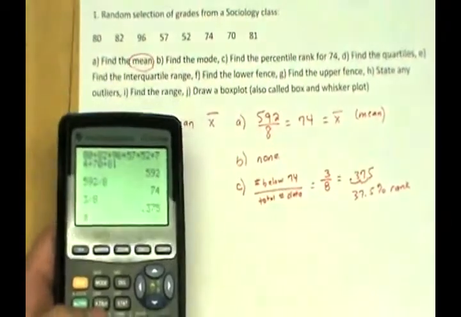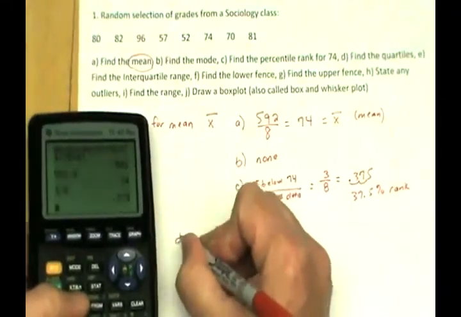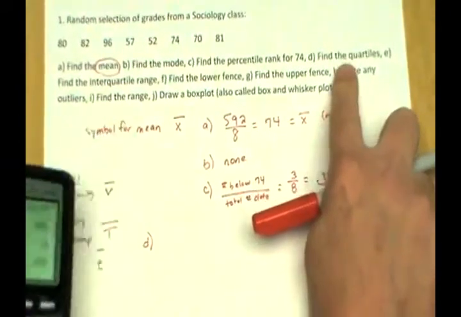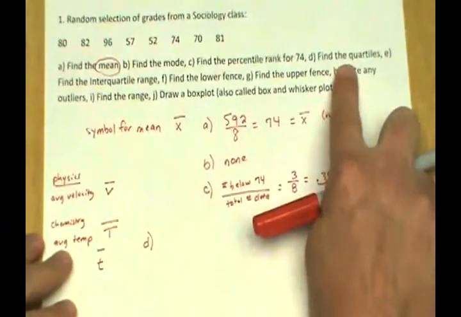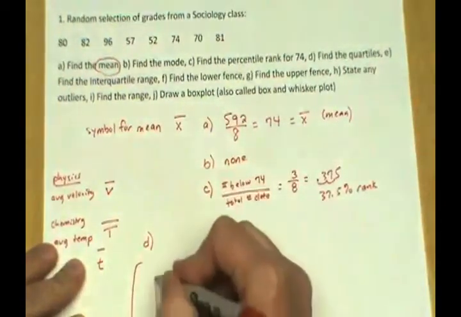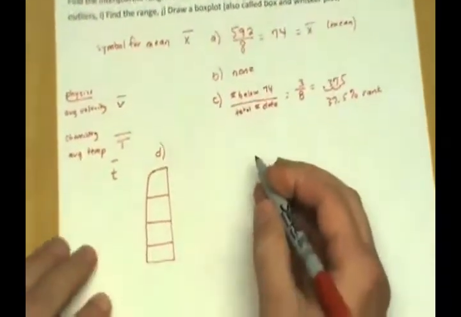Okay. All right, so D. I'll go over here a little more space. D is asking find the quartiles. Now finding the quartiles, we have to put everything in order, so we have to rank these. The quartiles are designated as, if I put a little thing here, just to give you a little background on quartiles. You're breaking the data into equal quarters.